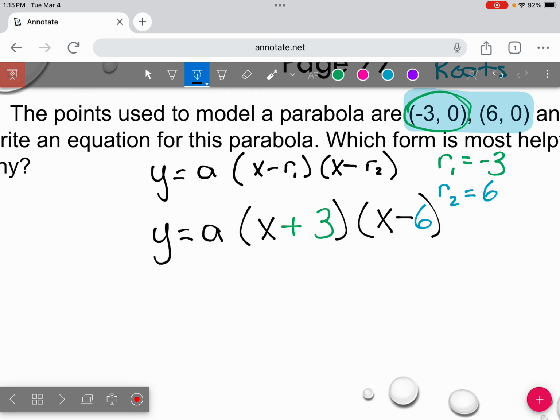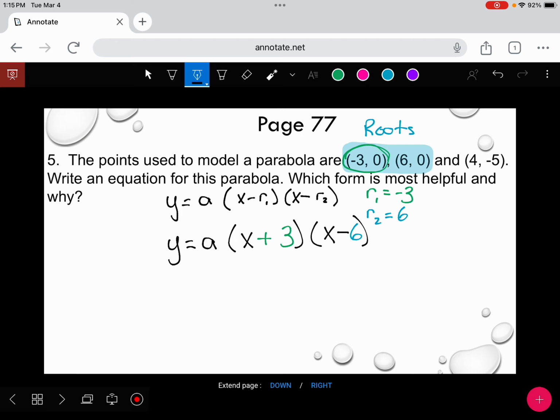Awesome. It's a great start to an equation. But there are too many variables left. I've got x, y, and a. We've got to figure out one other thing. Somehow it's going to involve this last point. What can I do with that thing?